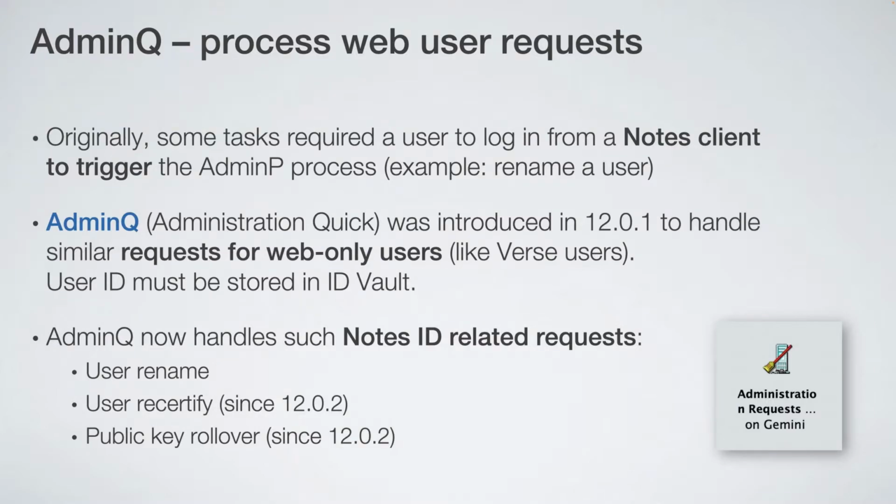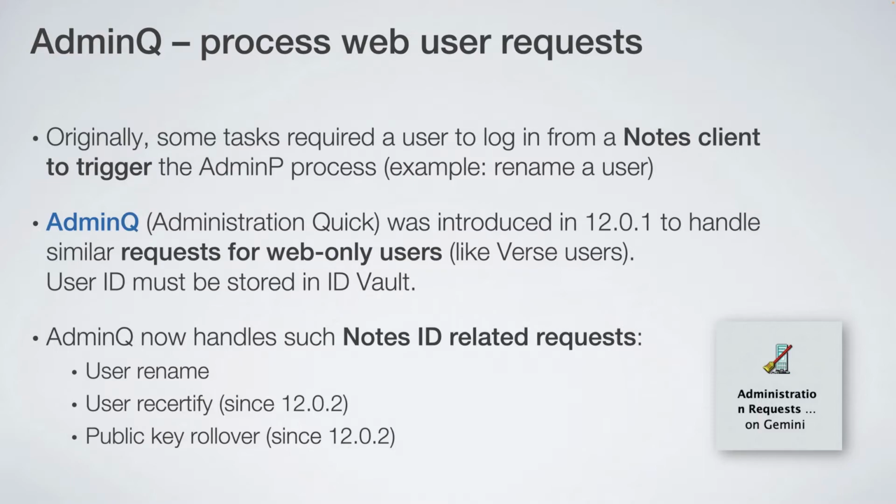What is new in version 12.01 is the admin queue. It's similar to AdminP, the admin process. Admin queue is admin quick, queue for quick. And it is very useful for those admins where you have end users accessing Domino only or mainly from web devices, from a web browser, not from the Notes client.